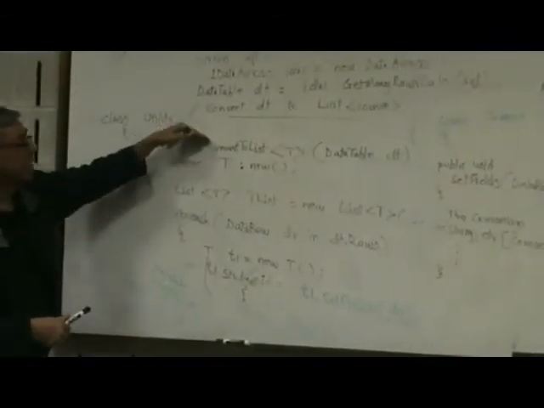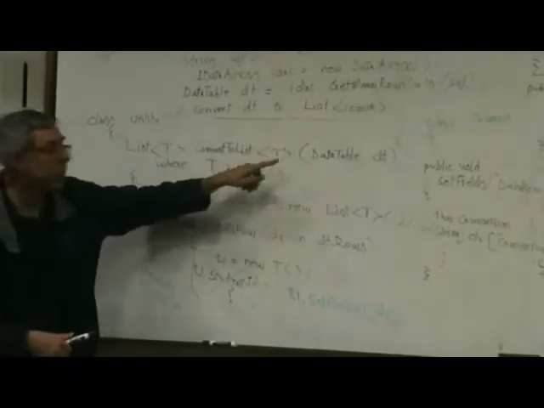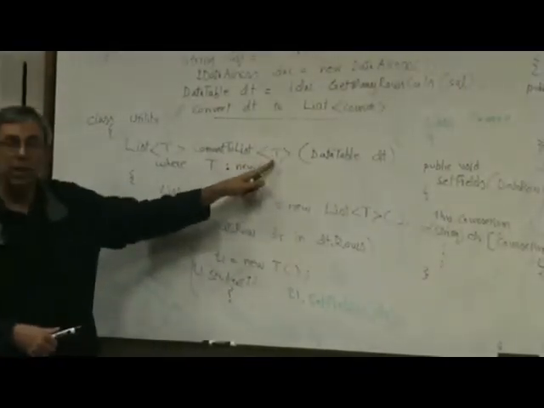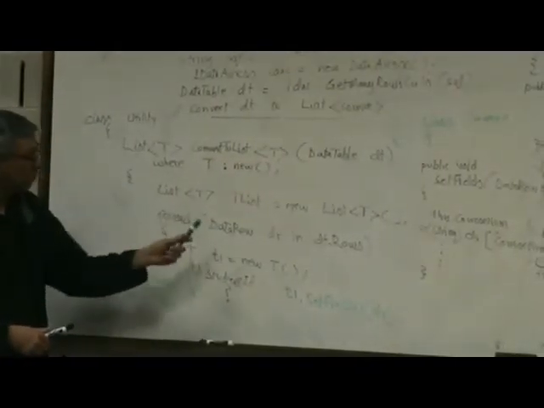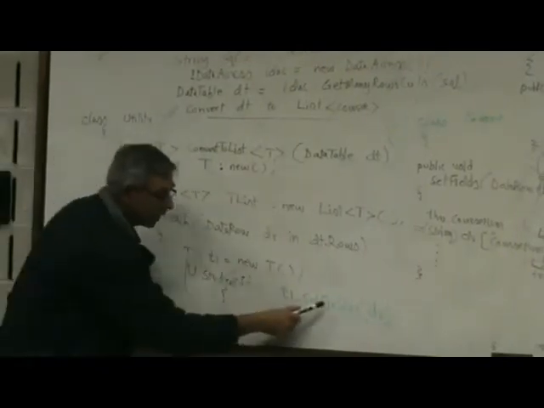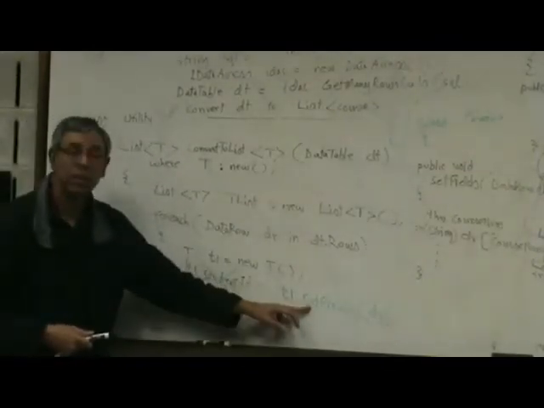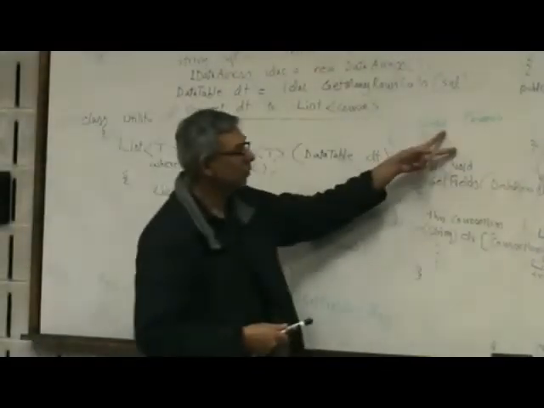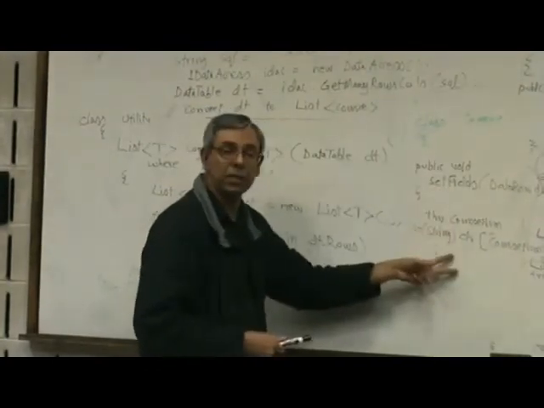Now take a look over here. If somebody triggered this method convert to list, and they wanted to convert this data table to a course, what will be type T now? Course. So T1.setFields, which class, which method will it call on? The course. So we'll pick up the correct fields over here.